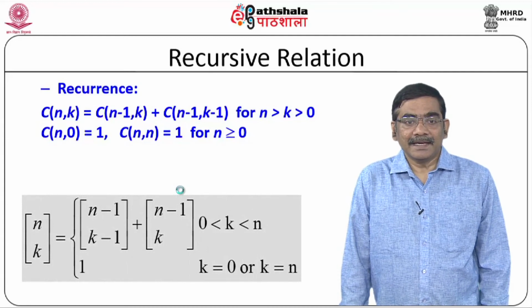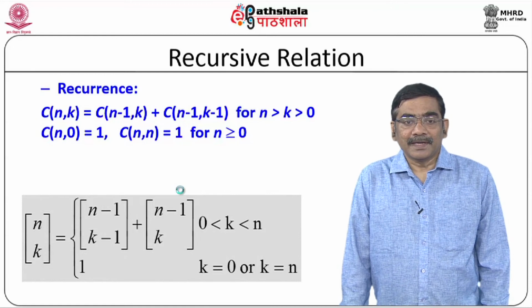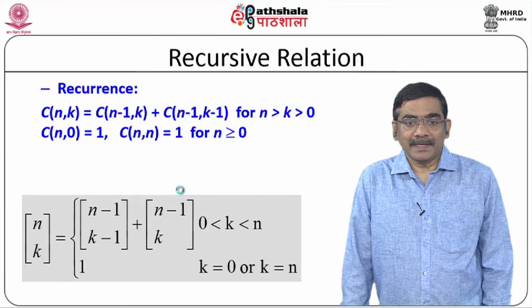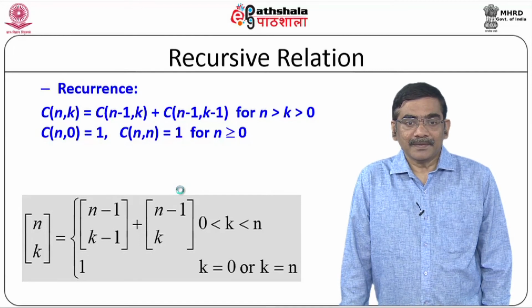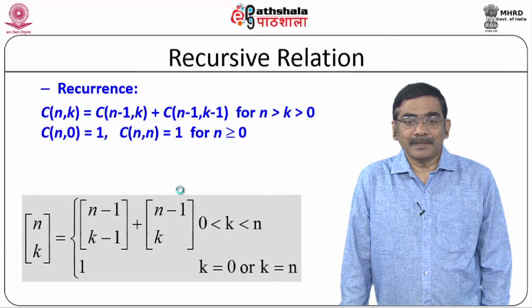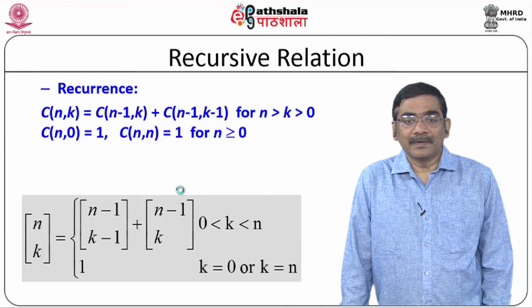nCk is nothing but n minus 1 C k minus 1 plus n minus 1 C k, and its base condition is 1 if k is 0 or k is equal to 1.